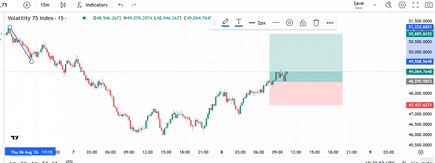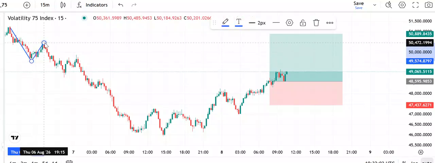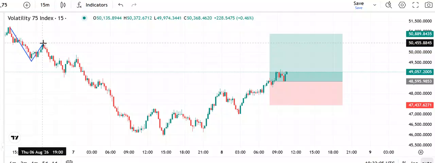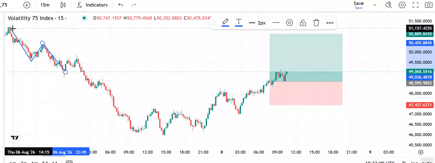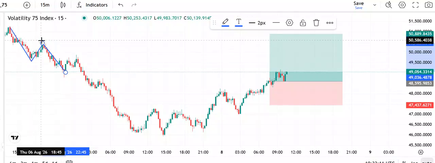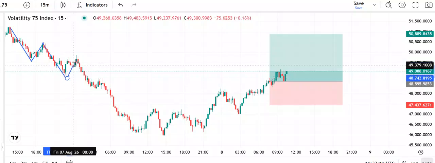was trending lower. We had a bearish trend around this side of the chart, where we have high, low, lower high, lower low. Then we also have lower high around here.